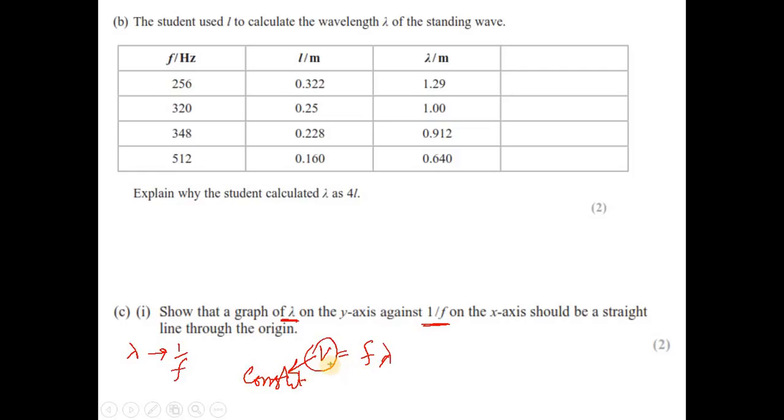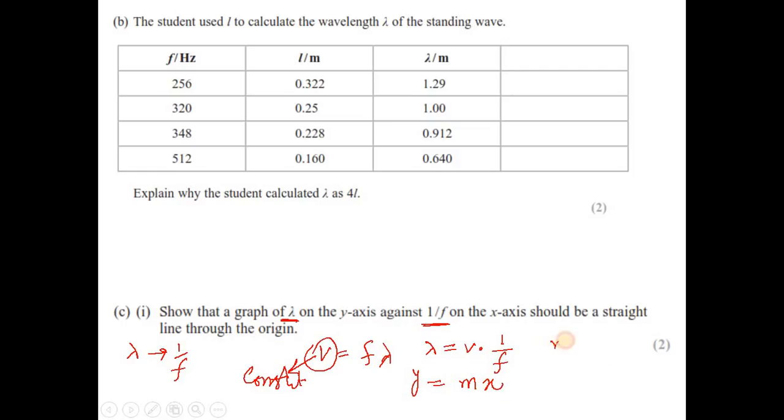So we take this advantage and we rearrange this equation as lambda is equal to v into 1 upon f, and clearly you can compare this equation with y equals mx.